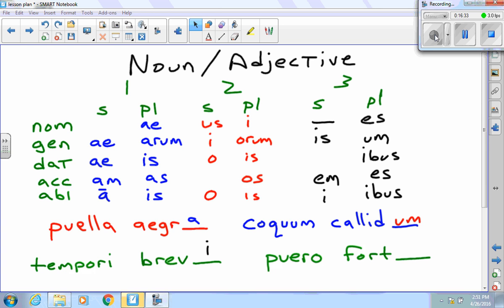If I decide that it is dative or ablative, then I would choose the dative or ablative ending from the third declension because fortis is third declension. So adjectives have to agree in case, number and gender. But like this one, puero forti, they don't have to have the same declension. That means that you could end up with puero forti.